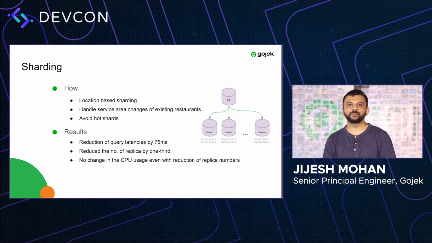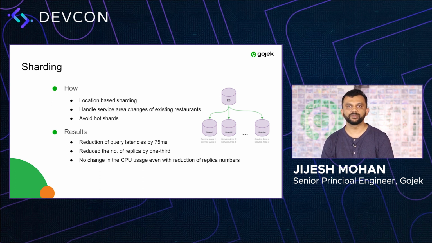That will become a hot shard, and the query latency problems can still happen. So we have to make sure the service areas are distributed evenly in terms of the number of restaurants and so on.